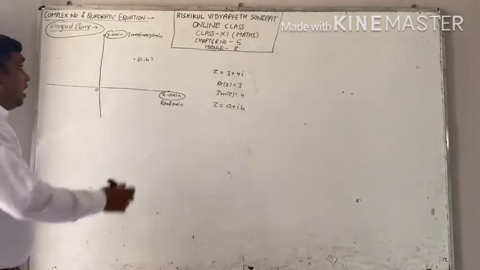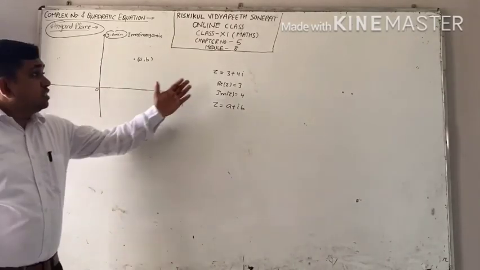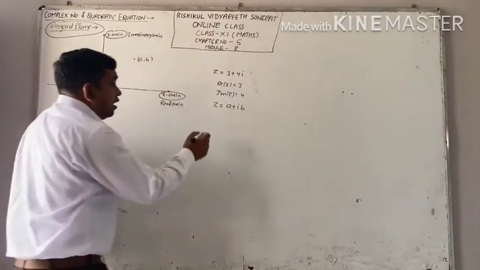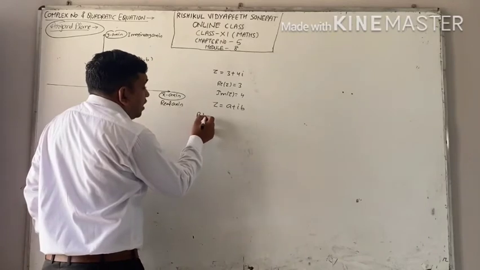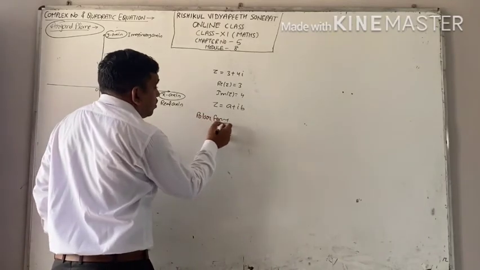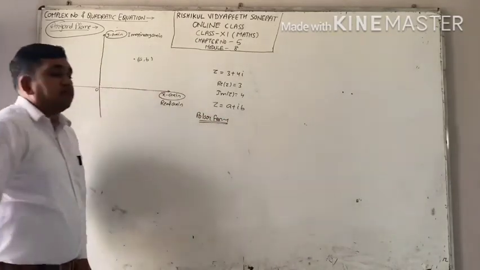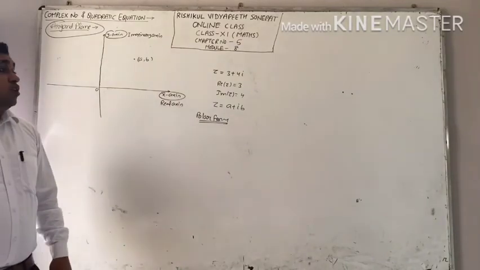Now, I want to convert this complex number into polar form. How can we convert this complex number into polar form?